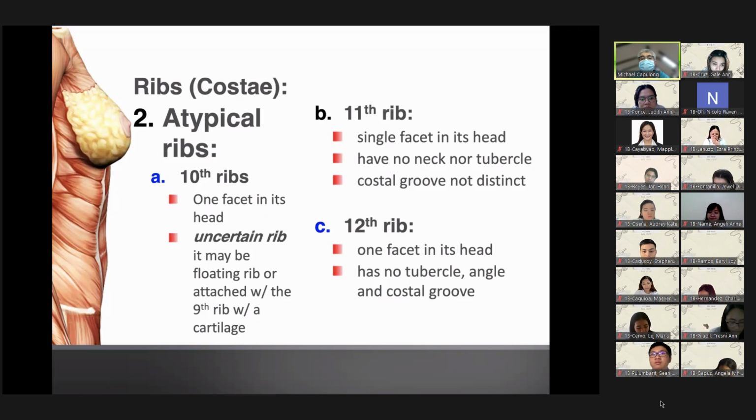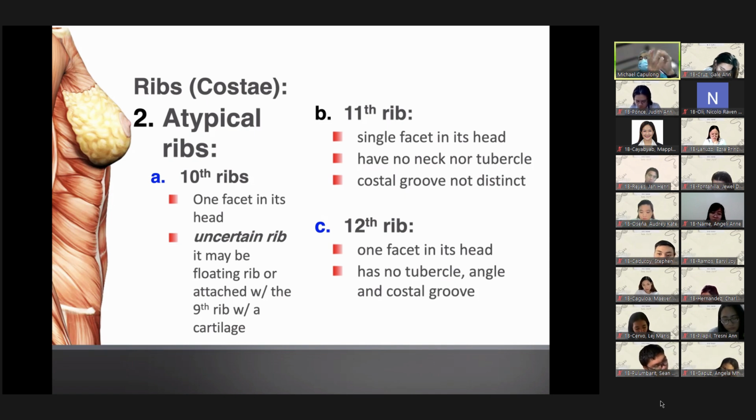What about the 10th rib? It will have a single facet in its head, and we often call it the uncertain rib. Why uncertain rib? Because it may be floating or attached to your ninth rib.